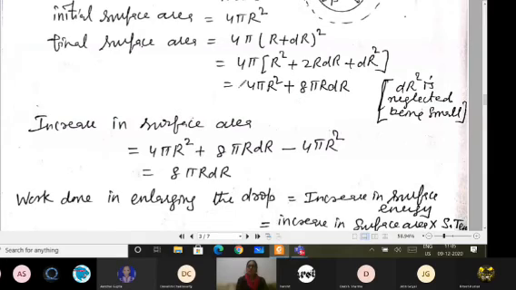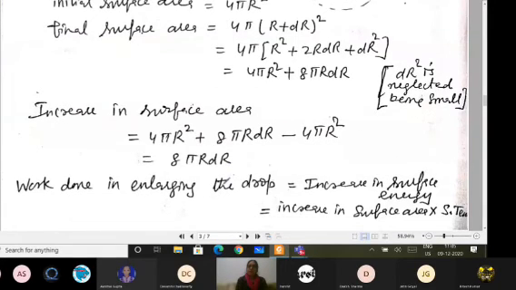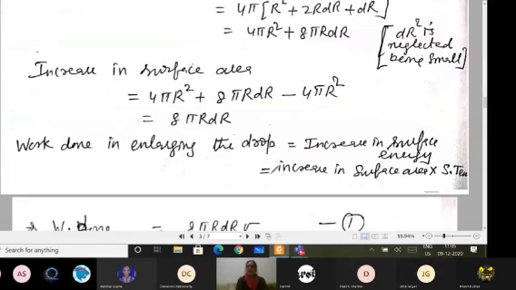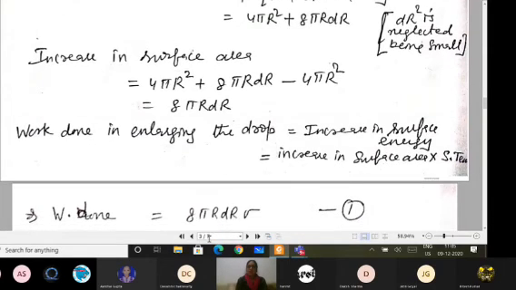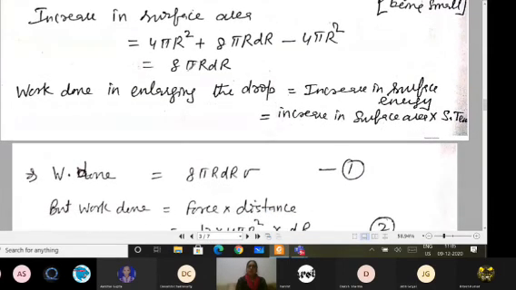So this 4 pi r square will get cancelled, and I'm left with 8 pi r dr. And from the definition of surface energy, the work done in enlarging the drop is equal to the increase in surface energy, which is the increase in surface area into surface tension. If surface tension is sigma, then work done comes out to be 8 pi r dr into sigma.